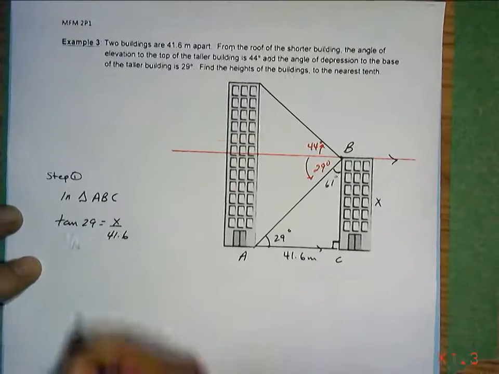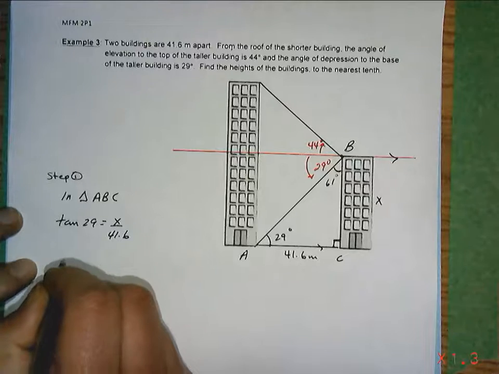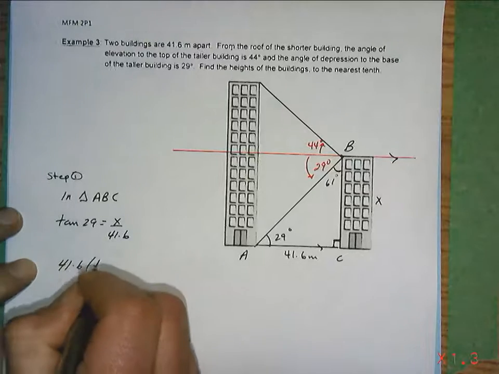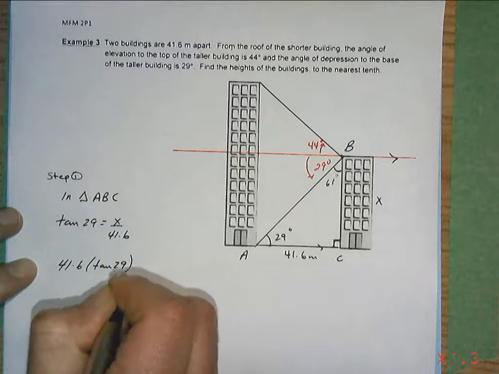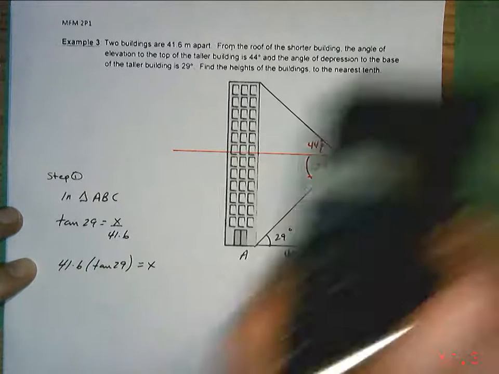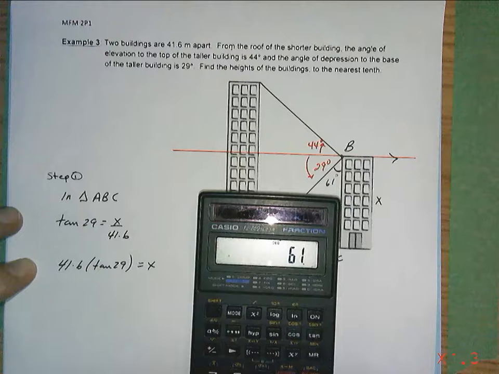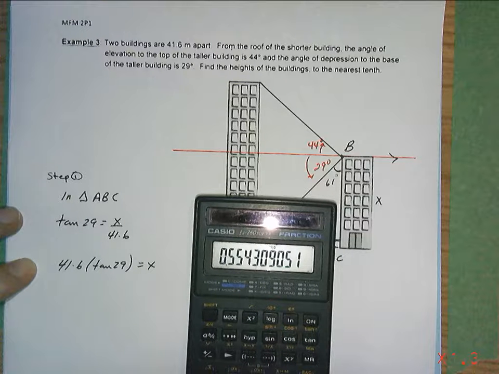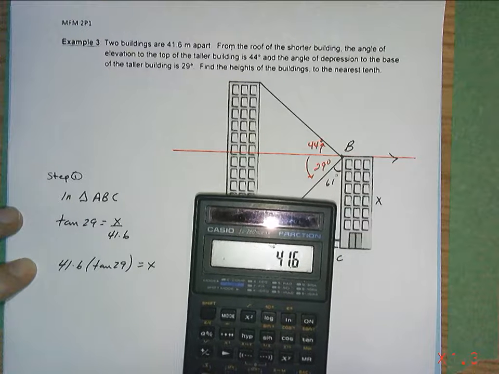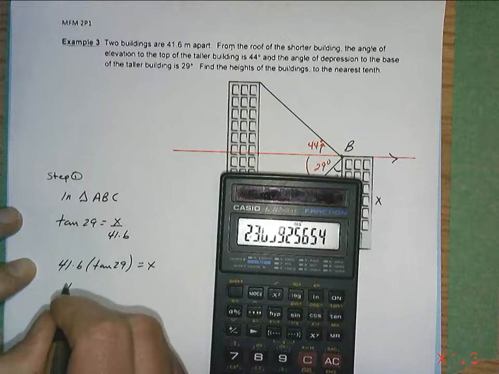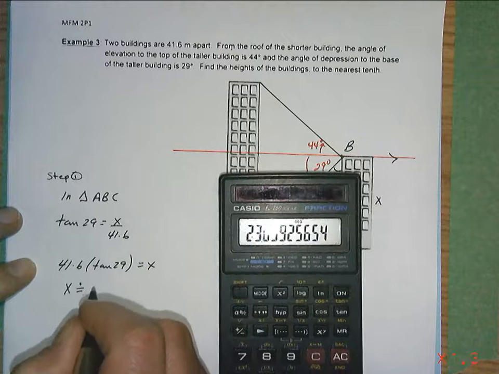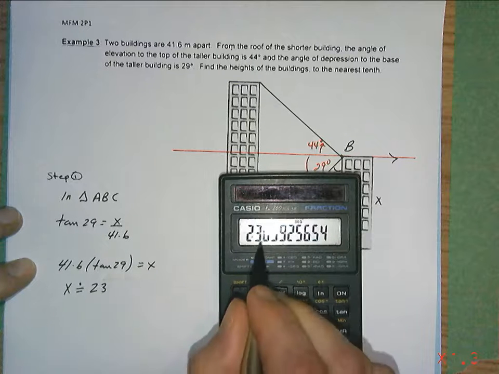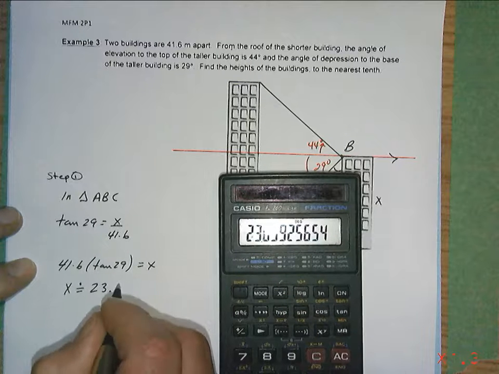I'm going to cross multiply, so I get 41.6 times tan of 29 equals X. So I've got 29 tan times 41.6, and I get an answer of approximately 23.05, so 23.1.